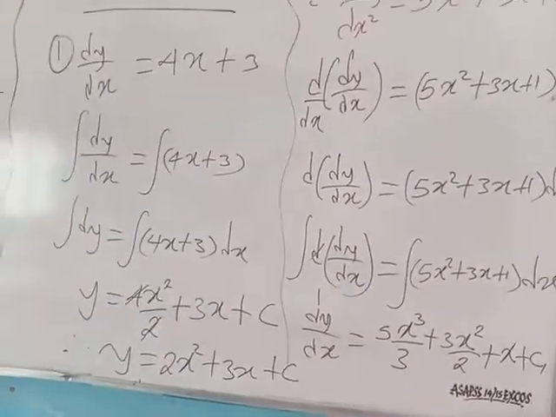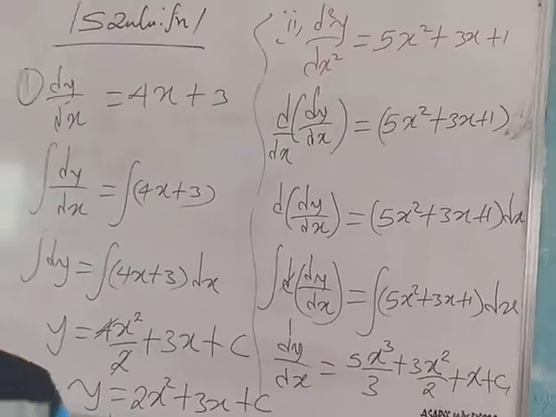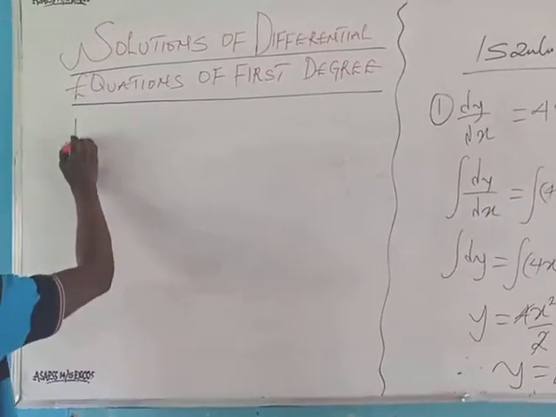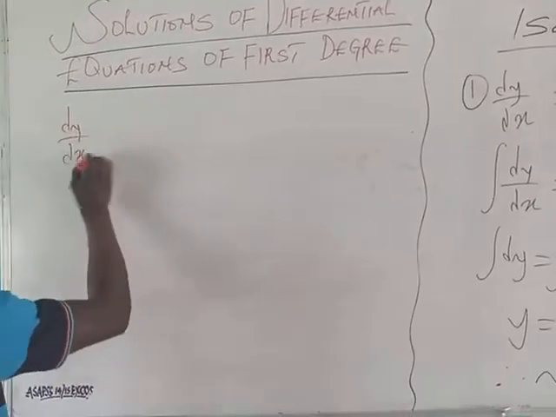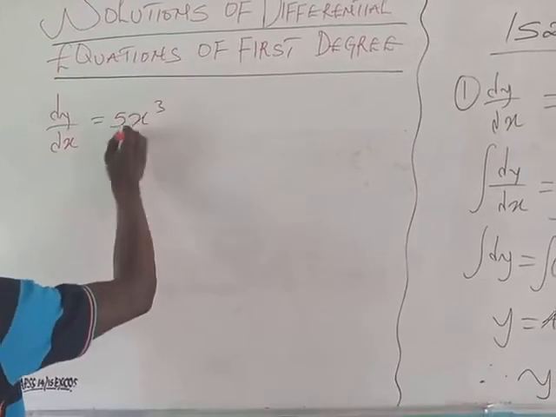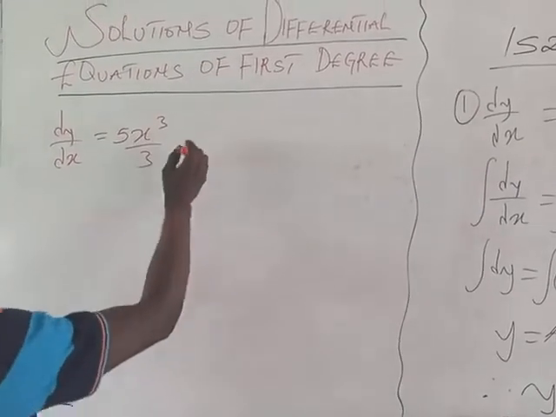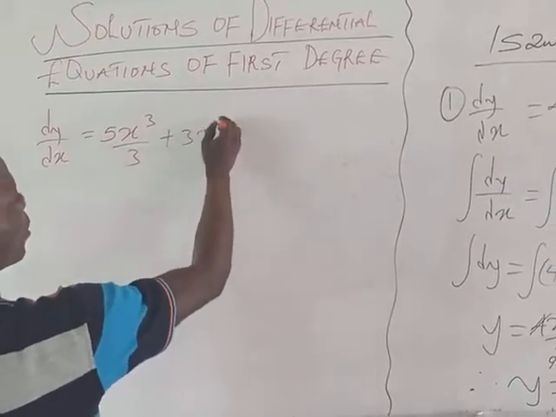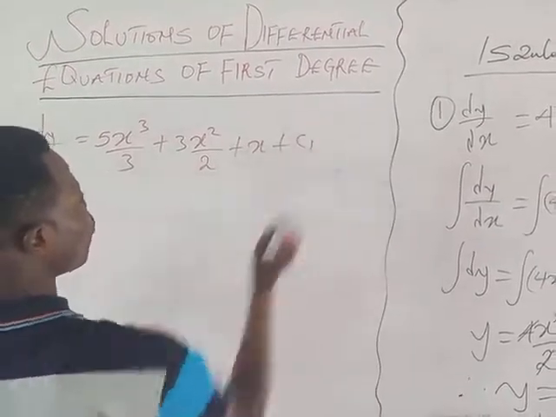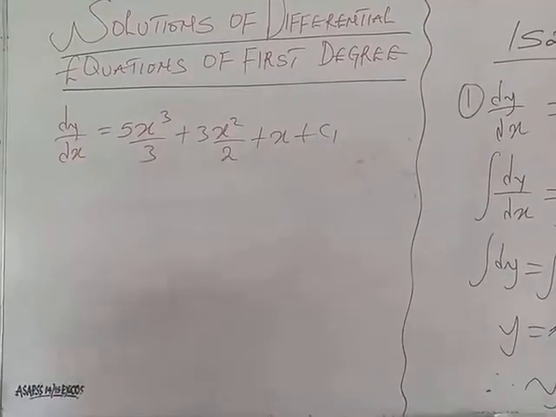So what we do here, we integrate both sides again. We have dy/dx equal to 5x cubed over 3, then plus 3x squared over 2, then plus x plus c1.